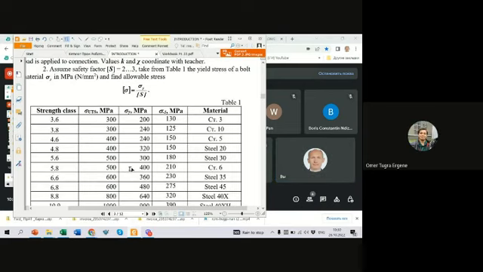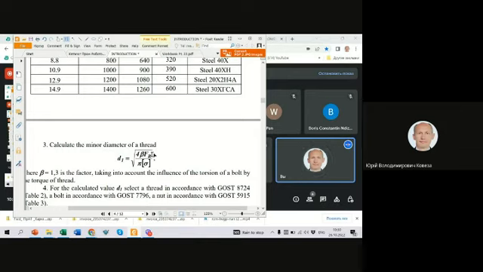And when you calculate sigma allowable, you can calculate D1. But pay attention, when you calculate D1, you should use Newton, not kilonewton. So if you take Fb 12 kilonewton, you should use here 12,000.